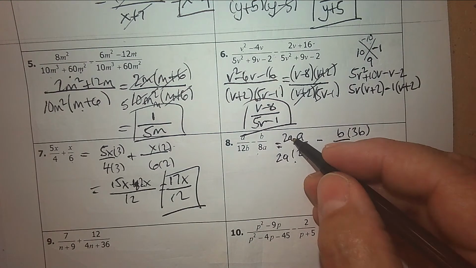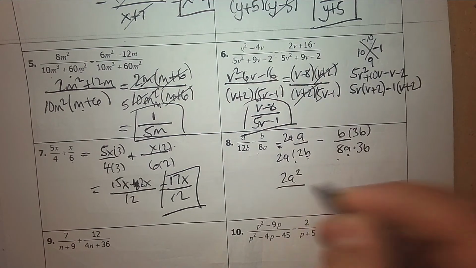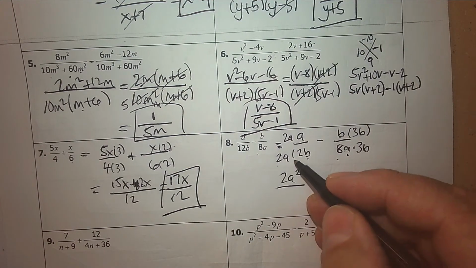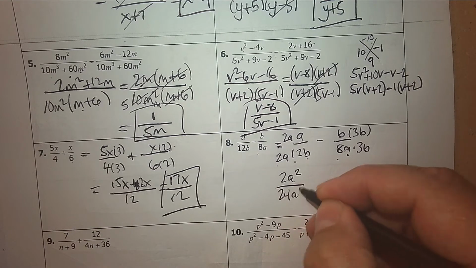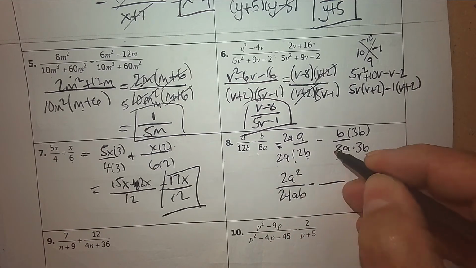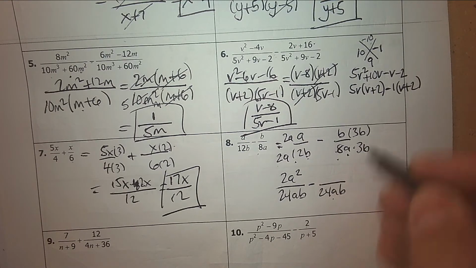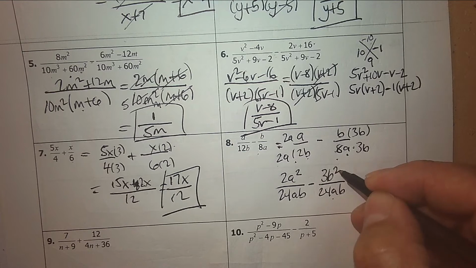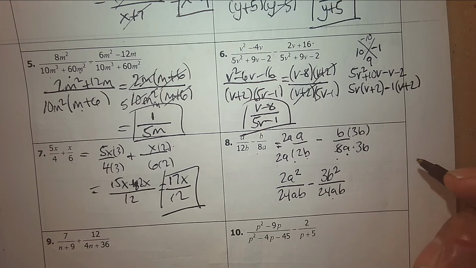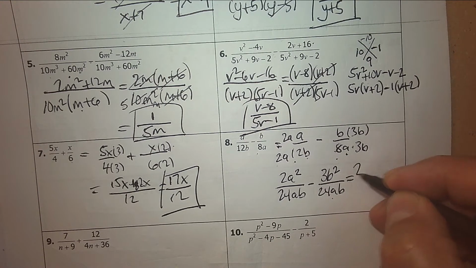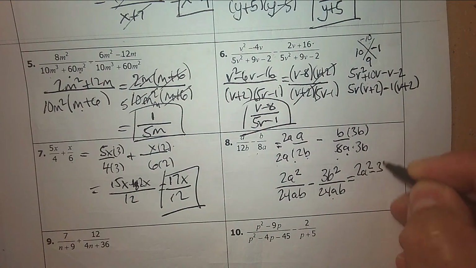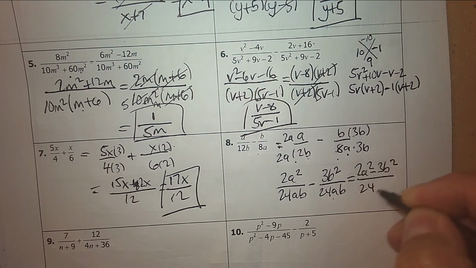So here I have 2A squared, and here I have 2 times 12, which is 24AB. Here I have 8 times 3, of course, is 24AB, because we made it that way, and then 3B squared. So we have 2A squared minus 3B squared all over 24AB.